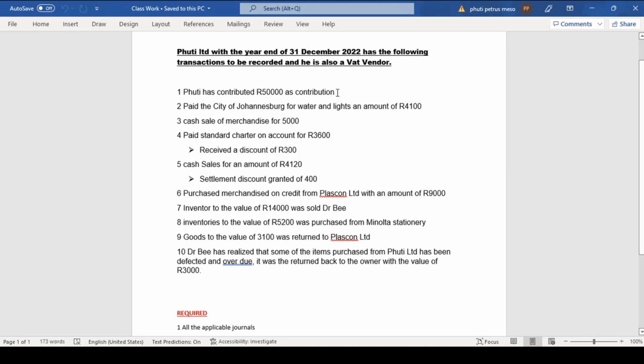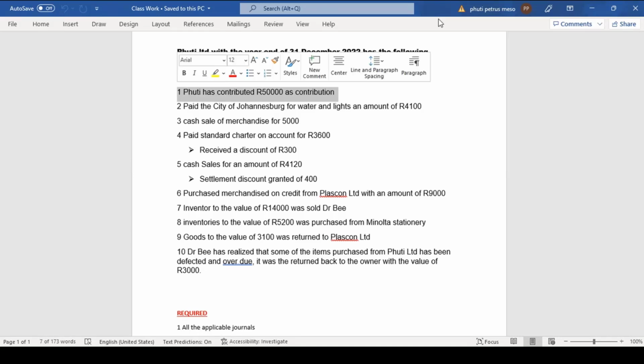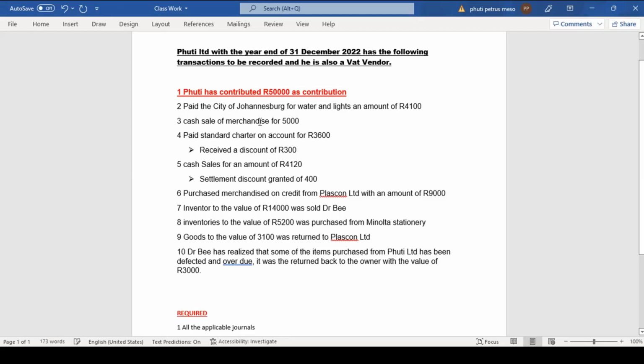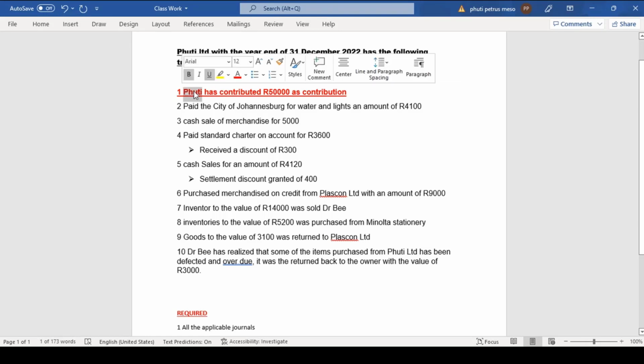So the first thing that you must do, you just have to highlight the question, and let me put it in red. I'm just going to make it bigger. So the contribution part from the owner himself. Let me change colors here.